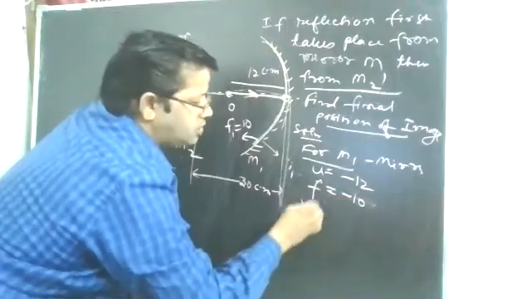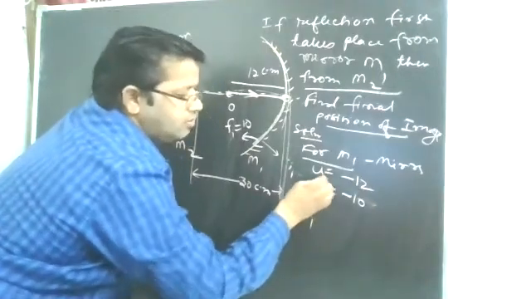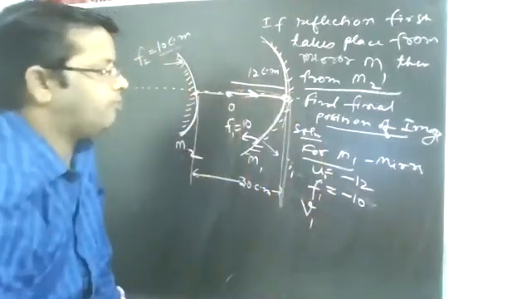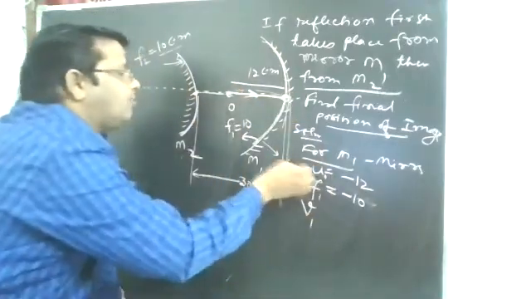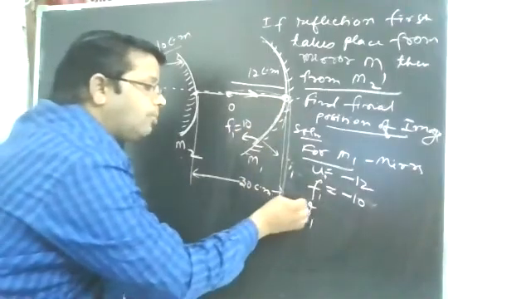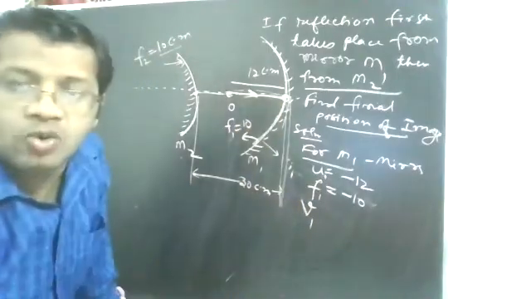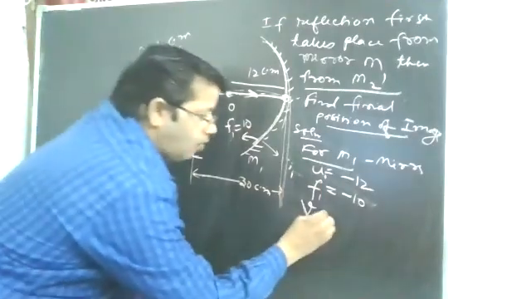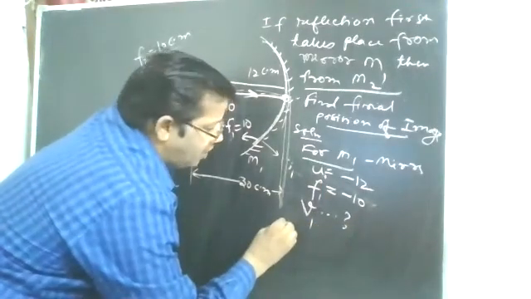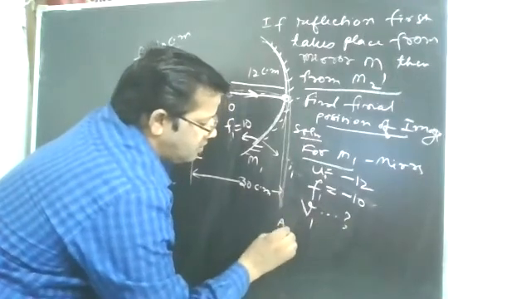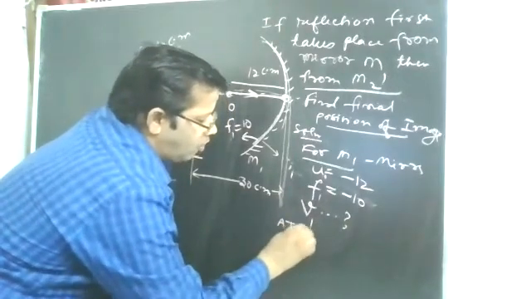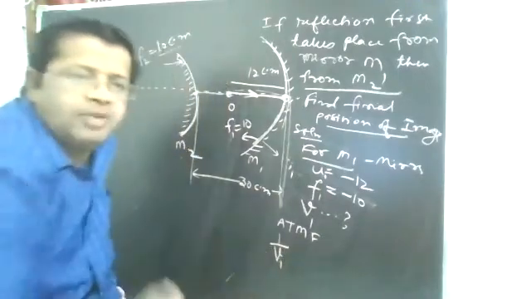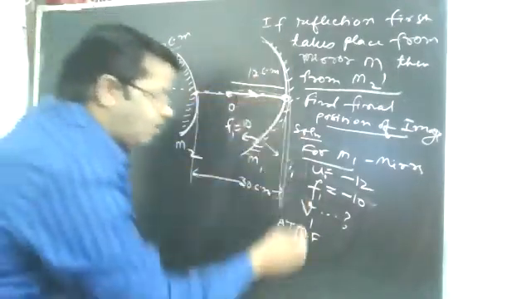Now what is the image distance? V1, F1, U1. U1 is the object distance for mirror M1, F1 is the focal length of mirror M1, and V1 is the image distance. Now can you solve this one? Yes, beta. How can we solve? Apply the mirror formula, for mirror M1.